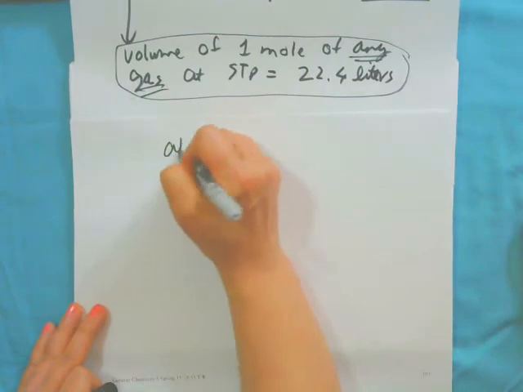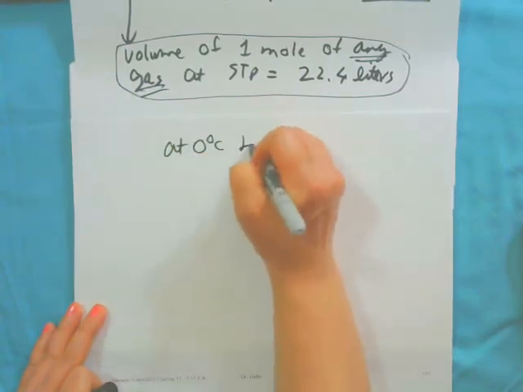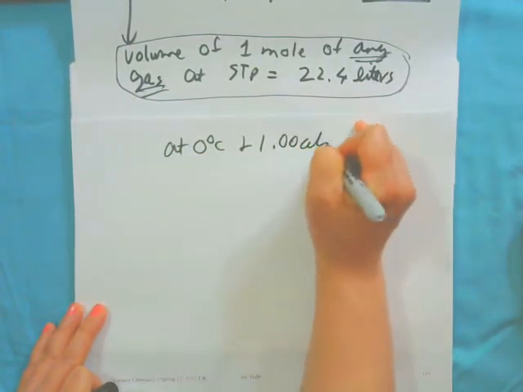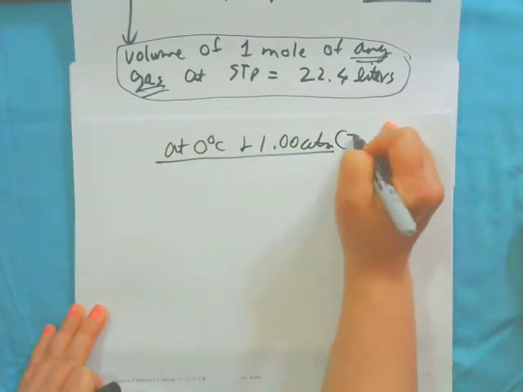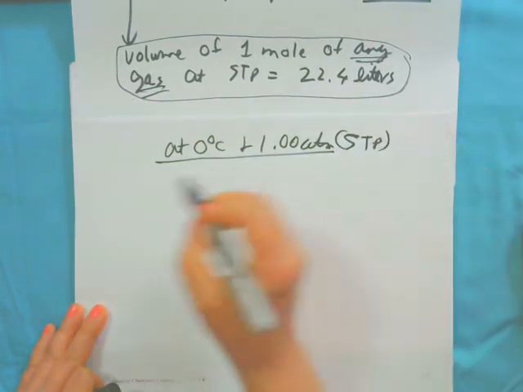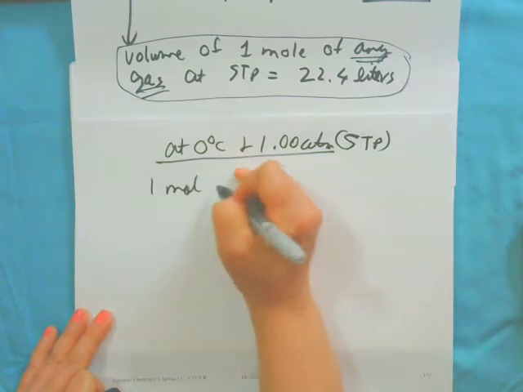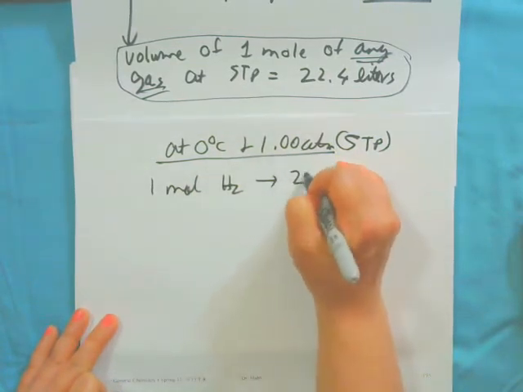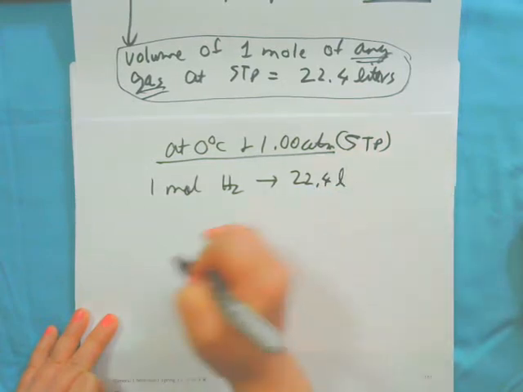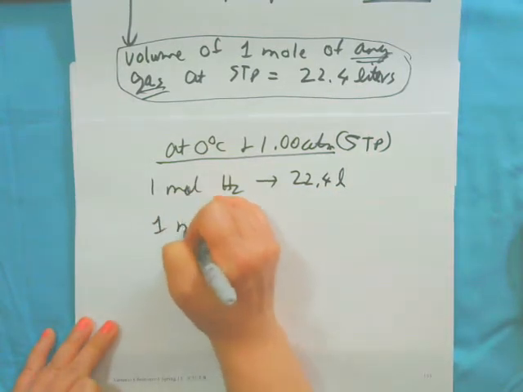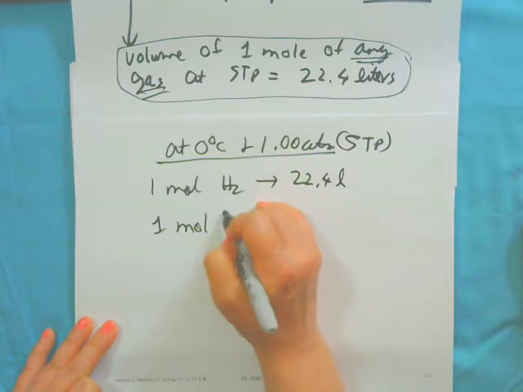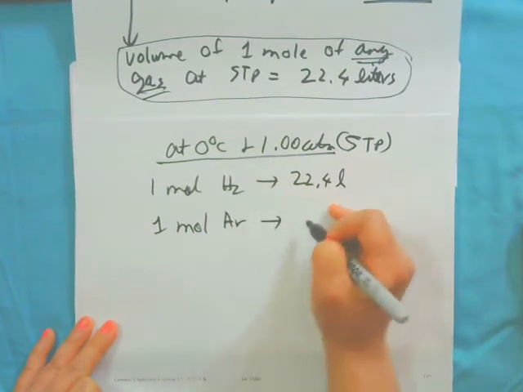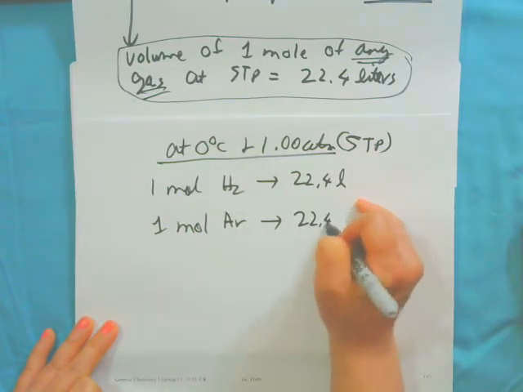So at 0 degrees Celsius and 1 atmosphere, STP, 1 mole of the gas H2 occupies 22.4 liters. 1 mole of the gas argon occupies 22.4 liters.